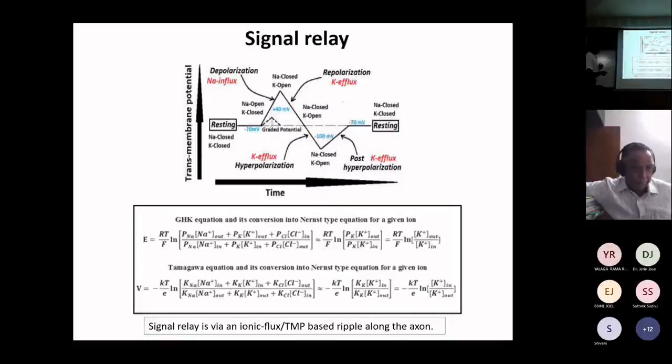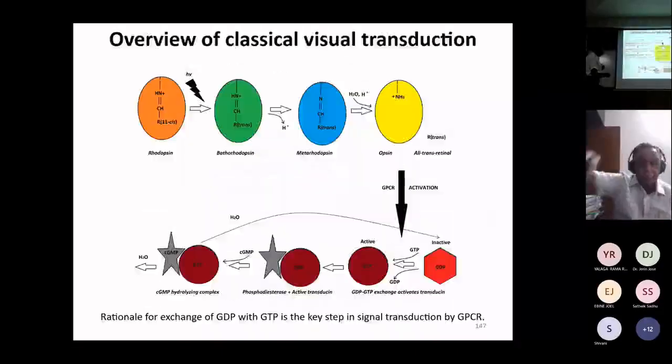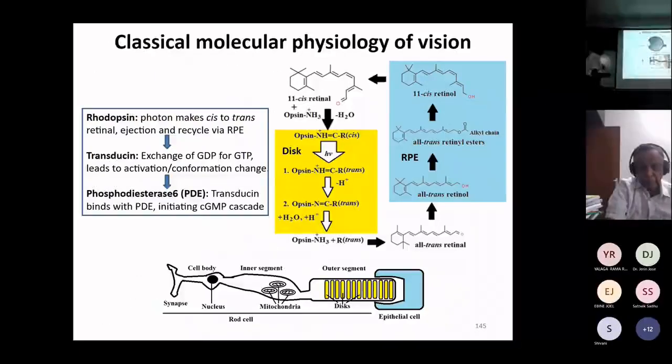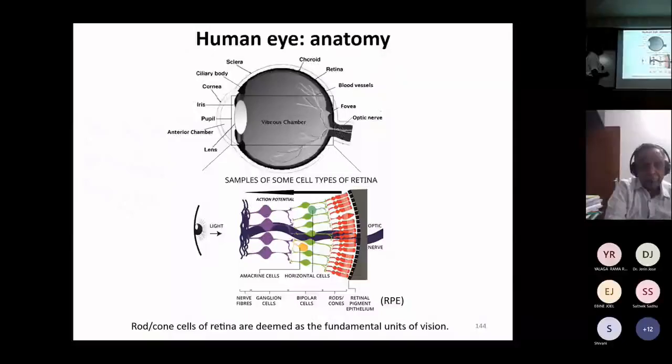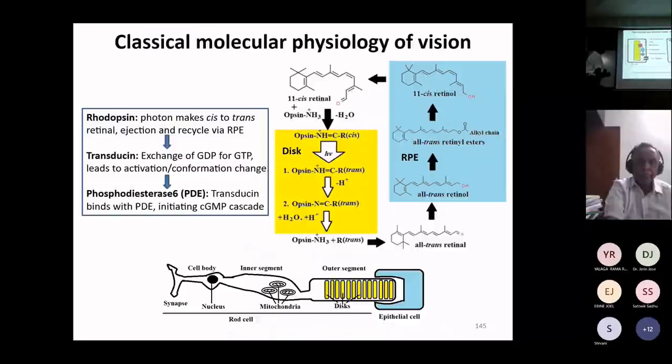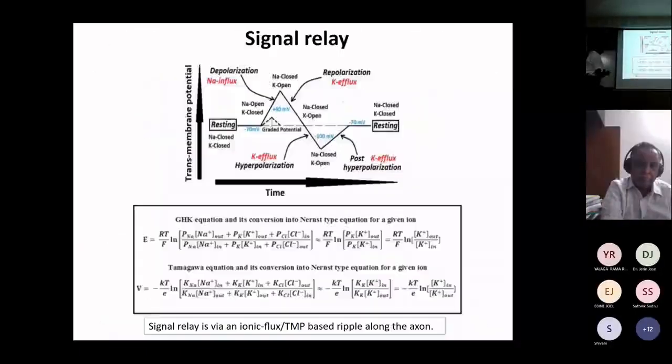The deterministic manner involves the sodium channels of this neuron. These are the axons you see here. They are supposed to propagate a signal, and that signal is via sodium on the surface of the axonal membrane.